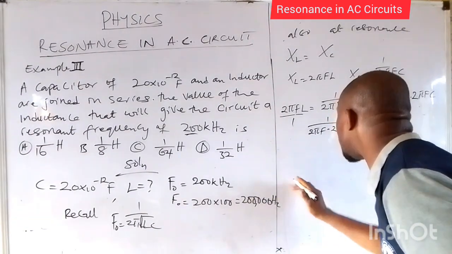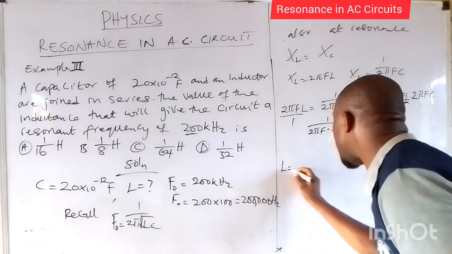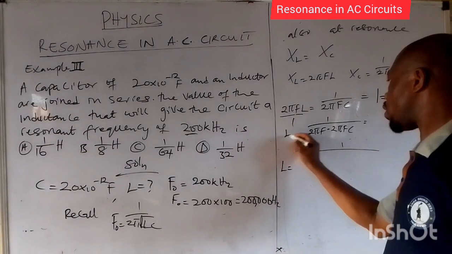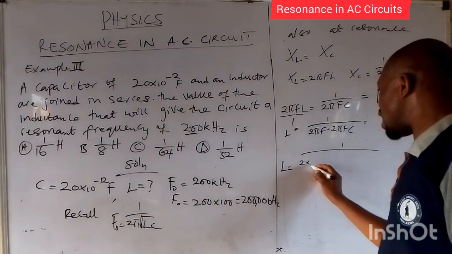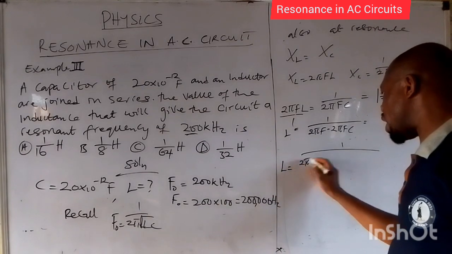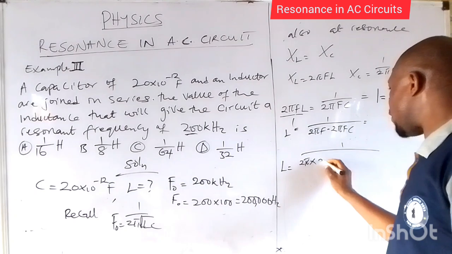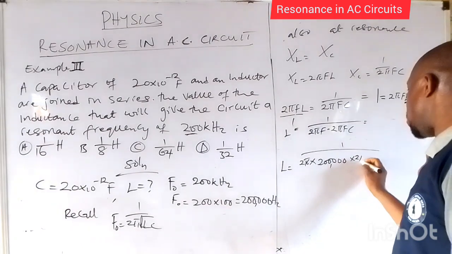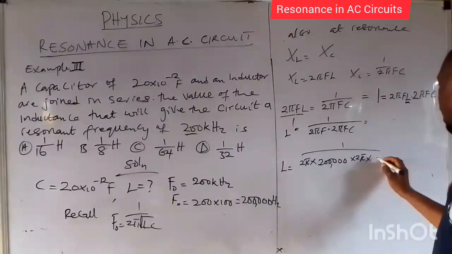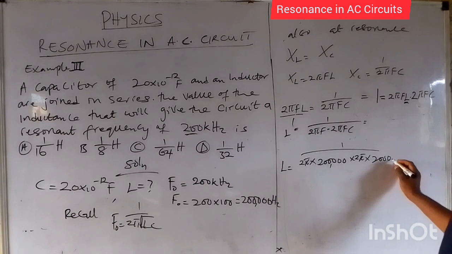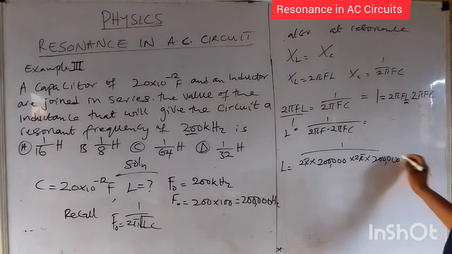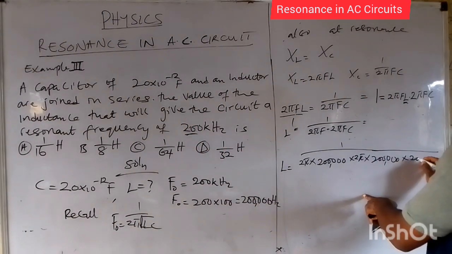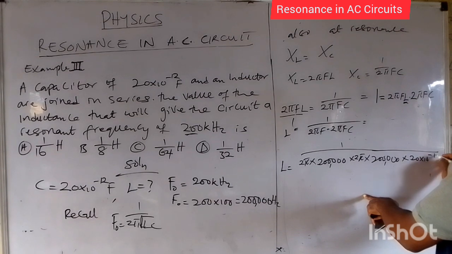So we have that L is equal to 1 over 2 times pi, which gives us 2 pi multiplied by F, where F is 200,000, times 2 pi times F again, where F is 200,000, multiplied by C, where C is 20 times 10 raised to the power minus 12.